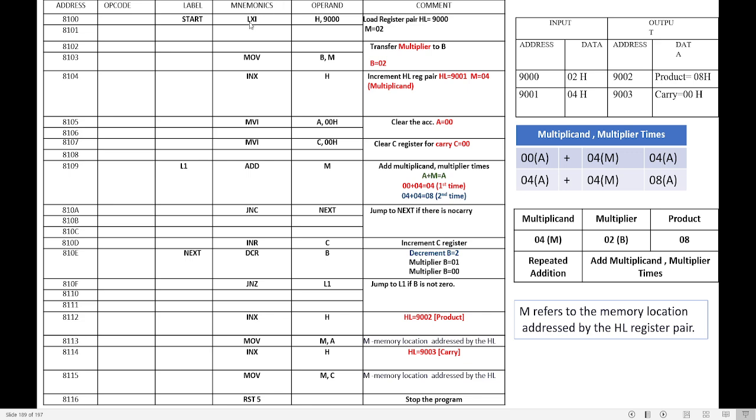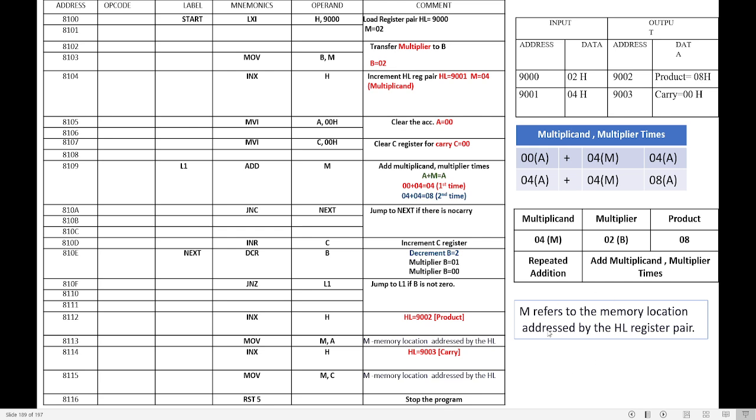So I write LXI H, 9000. Then the memory location pointed to by HL will be M.